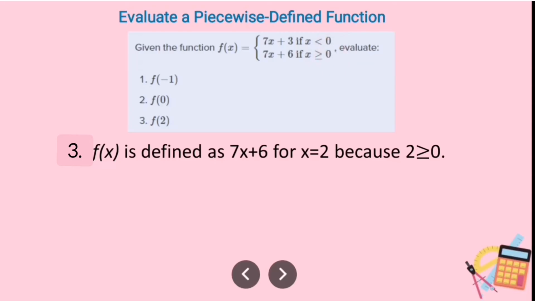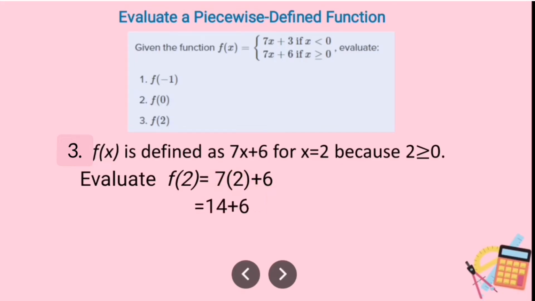And then, substitute the value of x into the equation, we will get 7 times 2 plus 6. Simplify, 7 times 2 equals 14, then copy positive 6. Then we will get a final answer, 14 plus 6 equals positive 20.